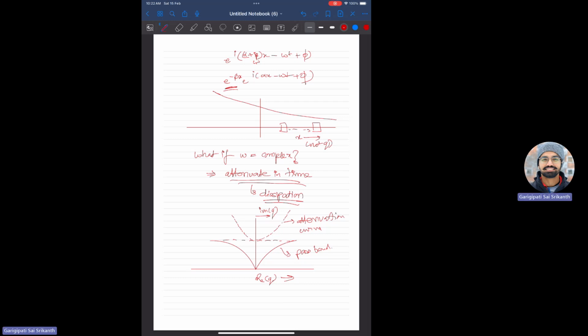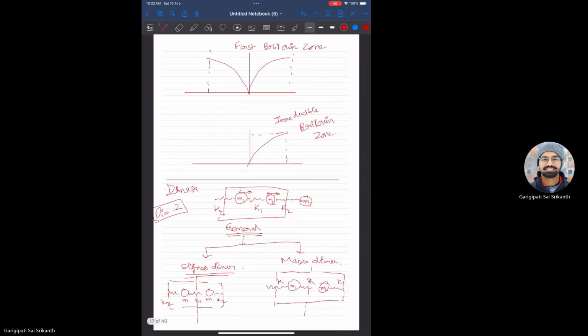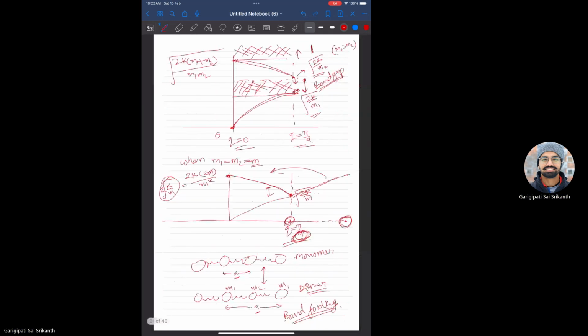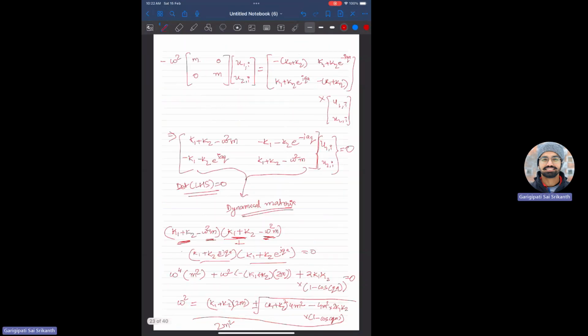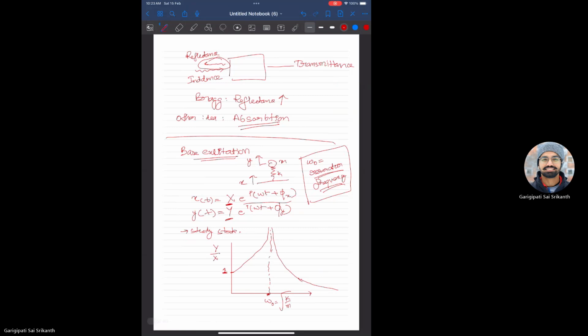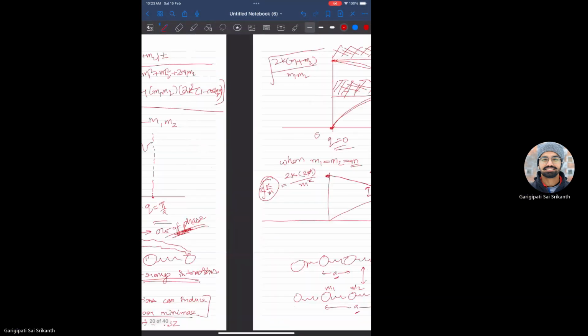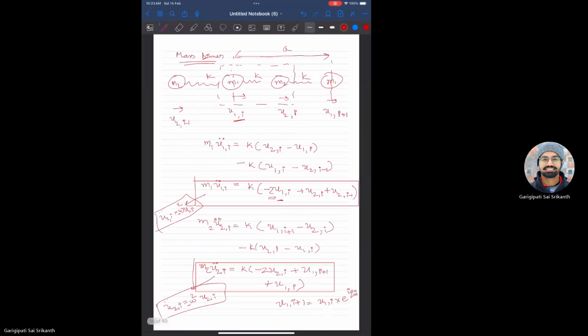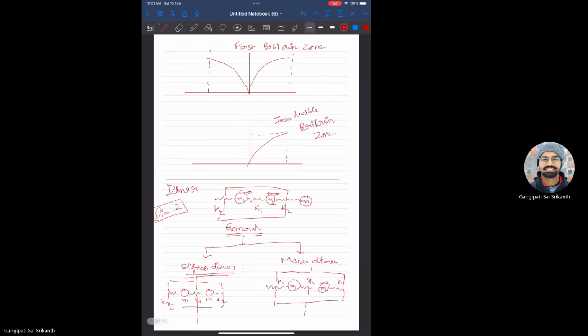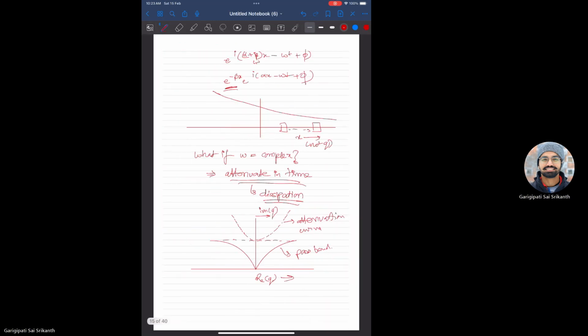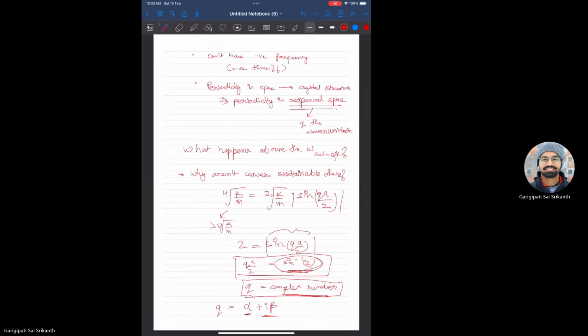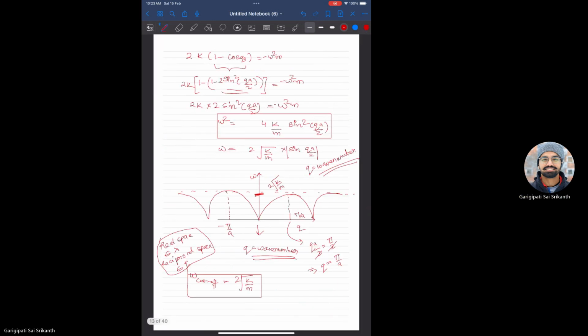Yeah, hi. So in the last lecture, we plotted this equation.